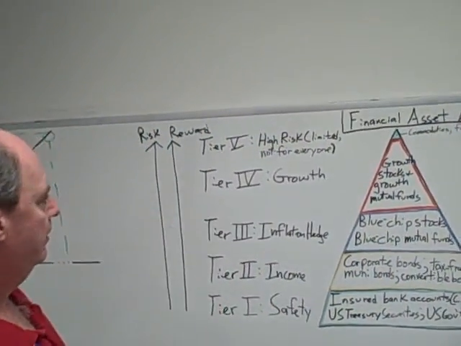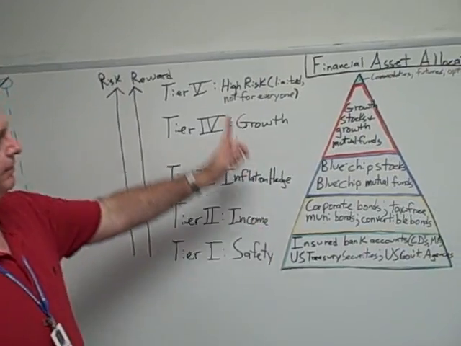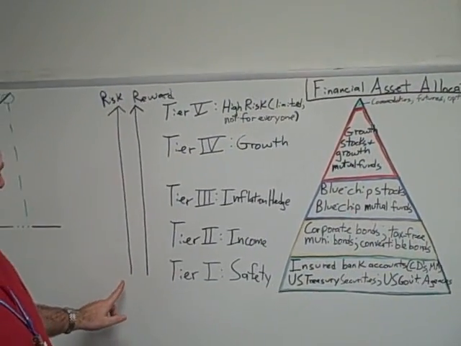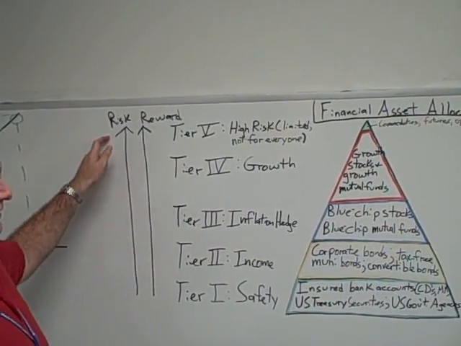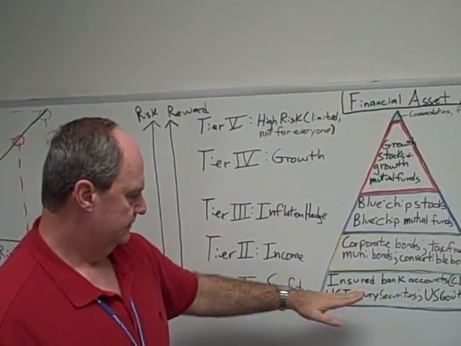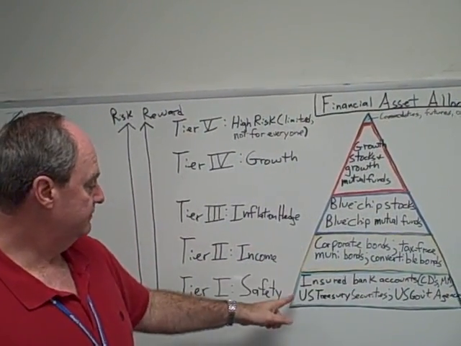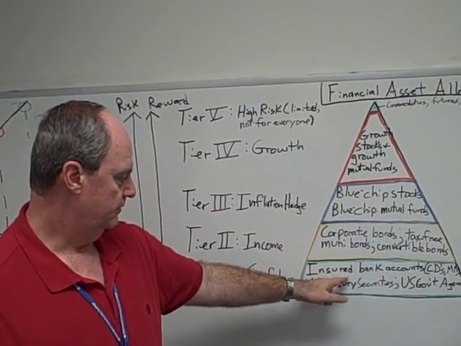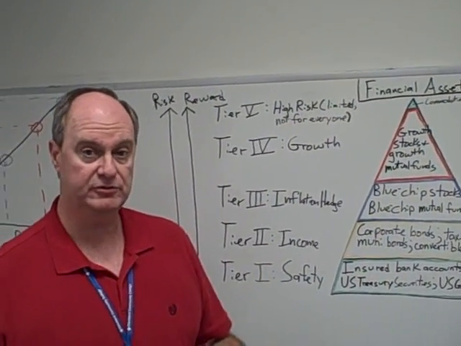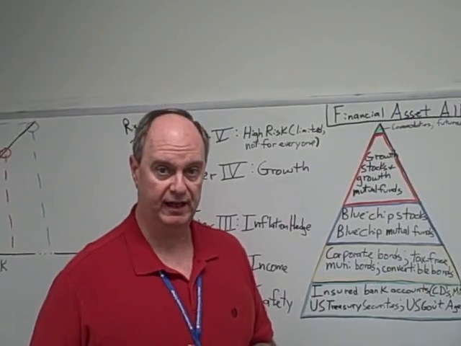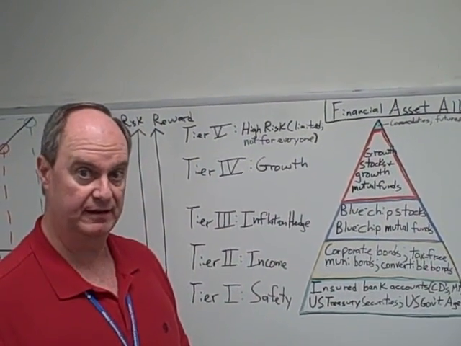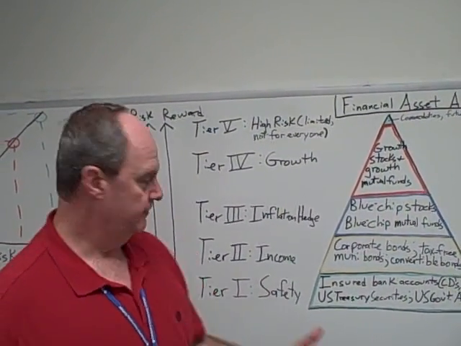Why? Because as we go up the pyramid, risk increases, such that corporate bonds have more risk than do U.S. Treasury securities. U.S. Treasury securities are direct obligations of the United States government and can't default.